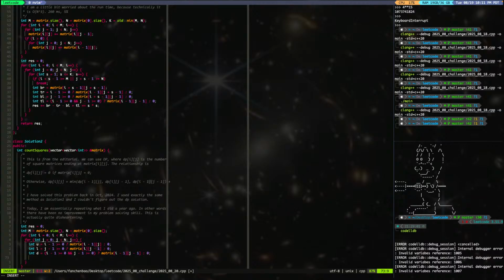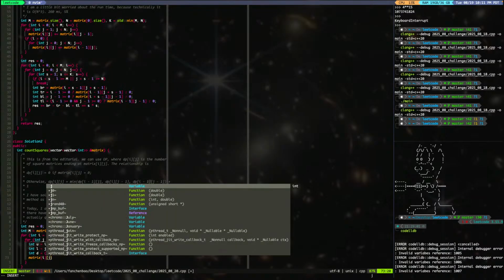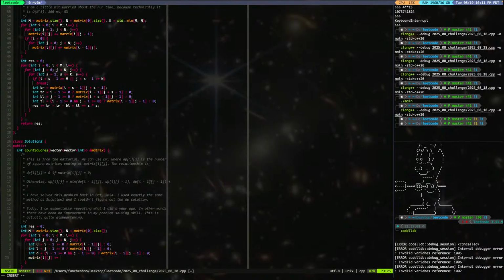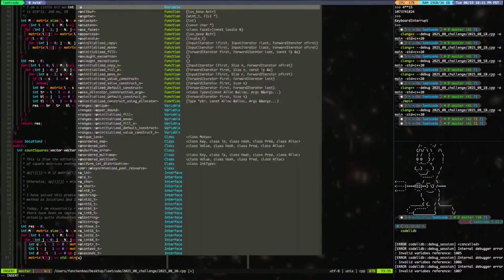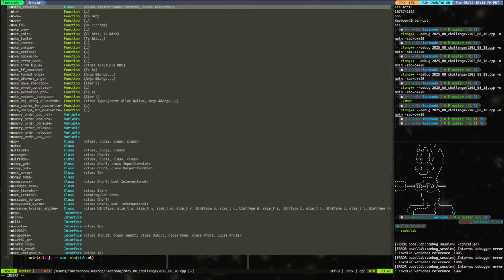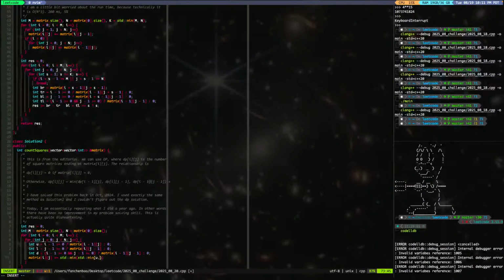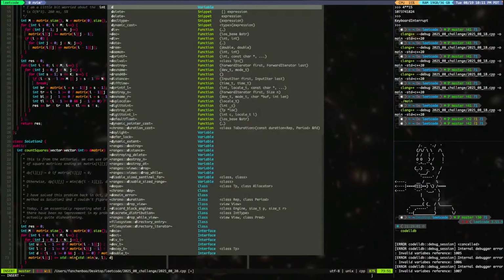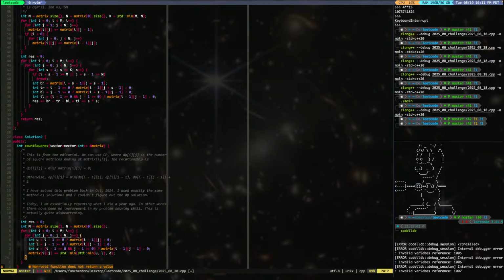Okay, now all we need to do is say matrix[i][j] plus equal to the minimum of up, left, and diagonal, and then once we're done we say result plus equal to matrix[i][j].